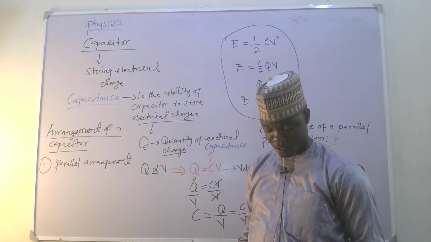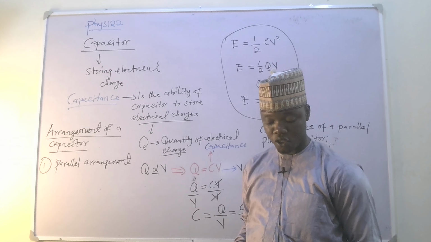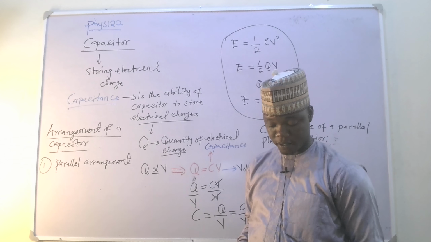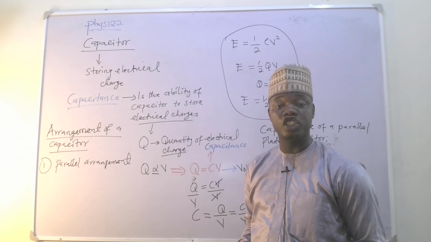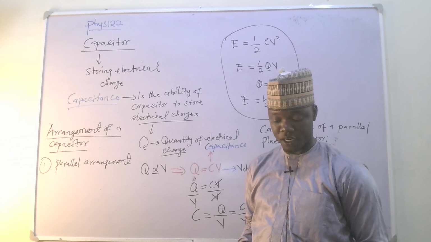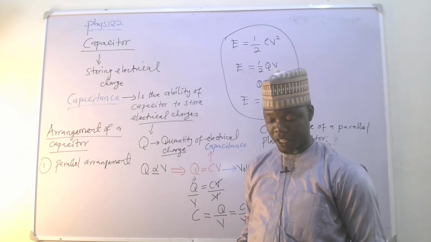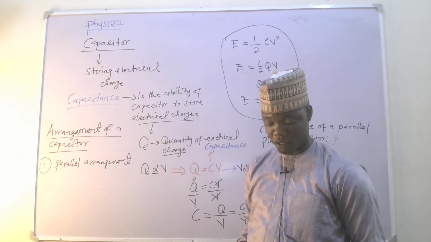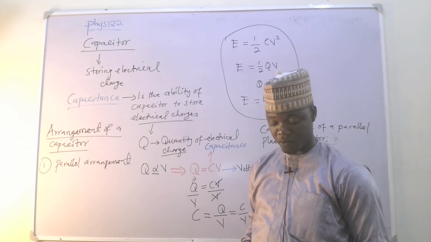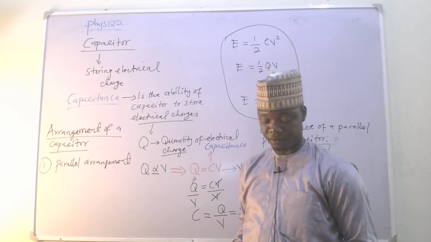Let me get the diagram because I want to show you how these capacitors are arranged diagrammatically, so that whenever you see them, you will know the kind of arrangement.